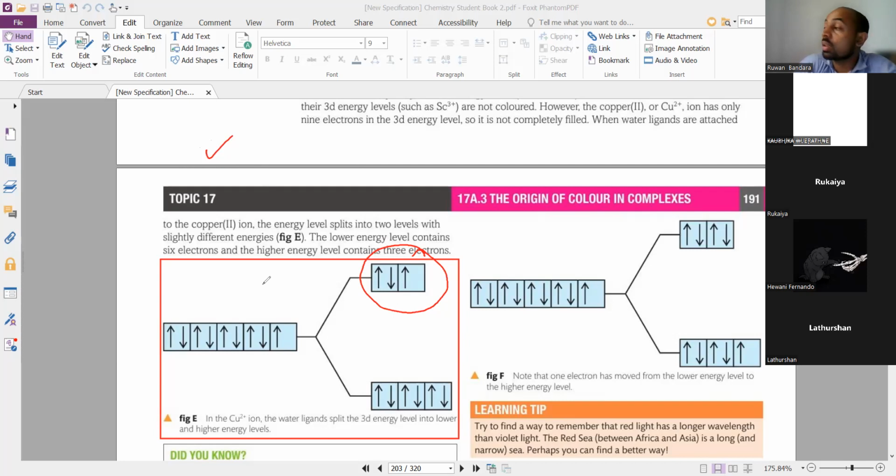And then the next point: an electron in the lower level will absorb energy from the visible light and move to a higher level.